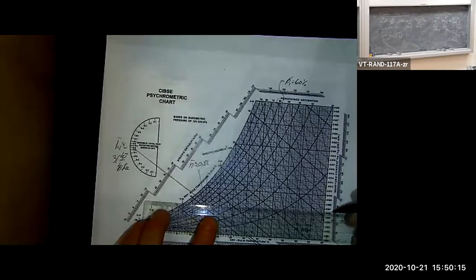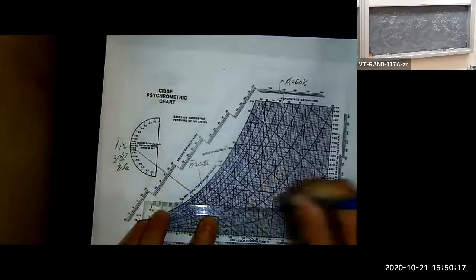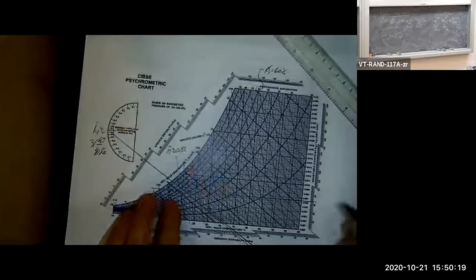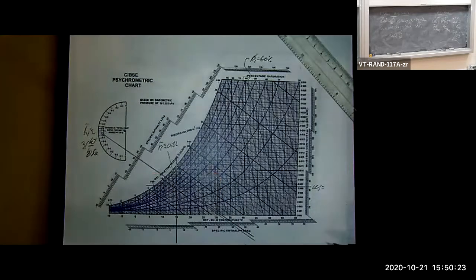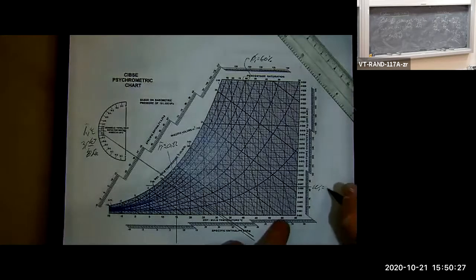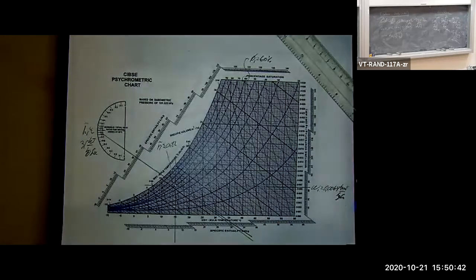Looks to me like the humidity ratio, omega 1, at the inlet is about 0.0064, and that'll have units of kilograms of H2O per kilogram of dry air. Let me write that up on the board.